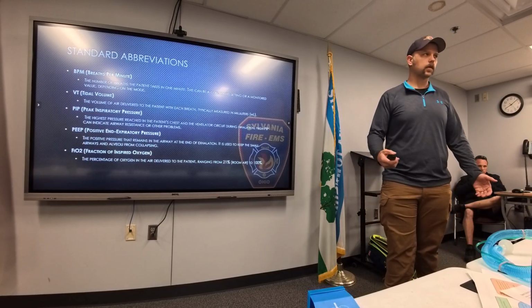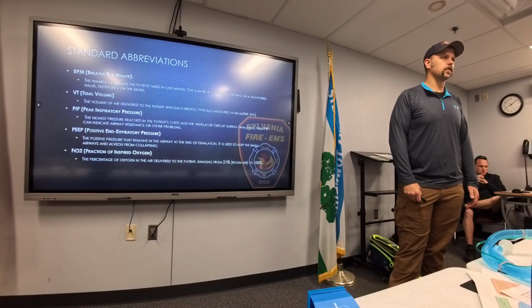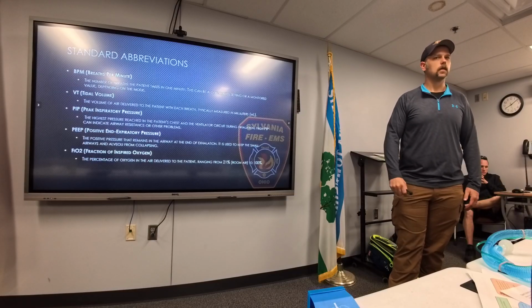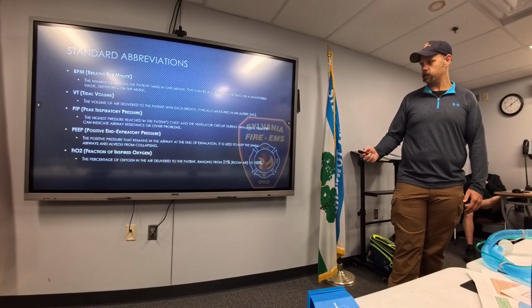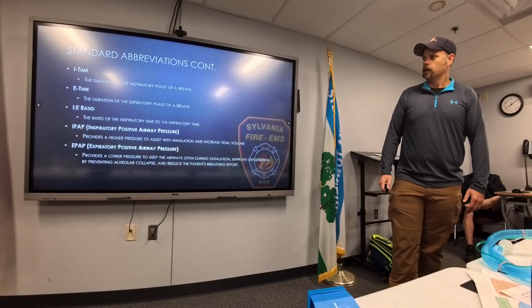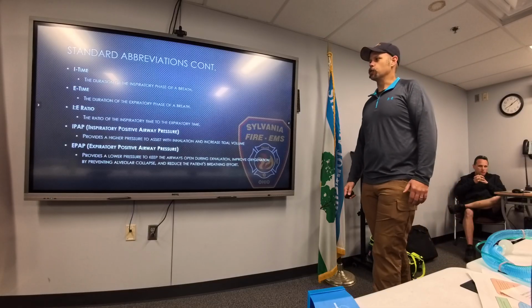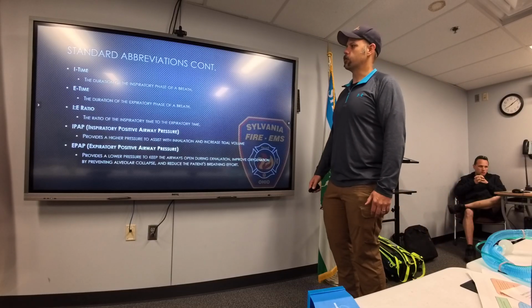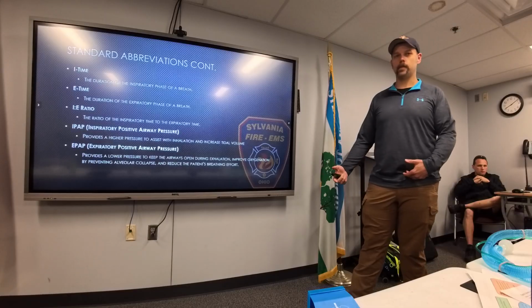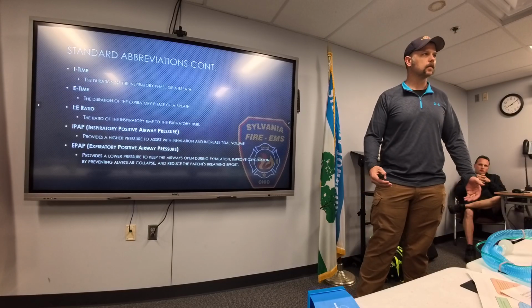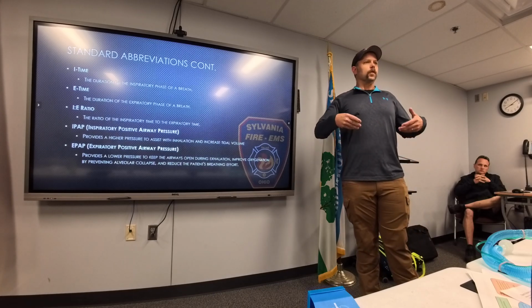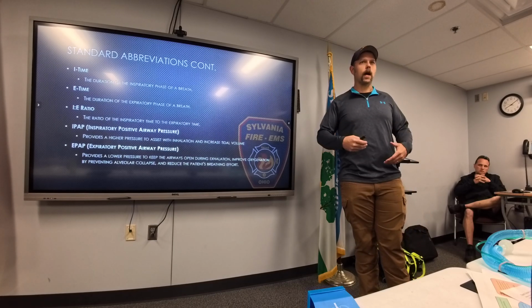FiO2 is the fraction of inspired oxygen. So we currently are breathing an FiO2 of 21%. We have 21% oxygen. Turn it up to 100, that's pretty simple, 100% oxygen. The I time is the duration of the inspiratory phase of the breath. E time is the expiratory phase. So anybody that's ever done box breathing, you take 4 seconds in, that's your I time.